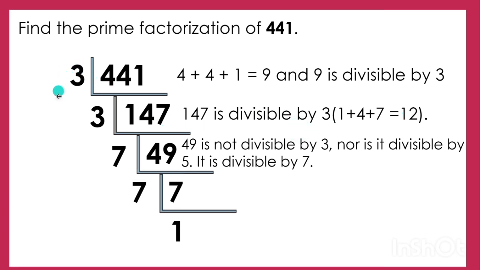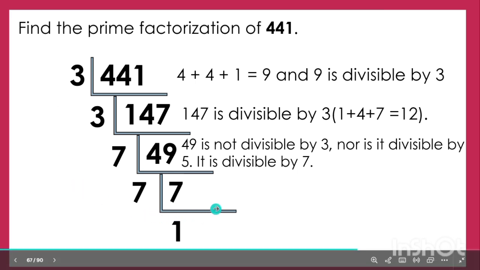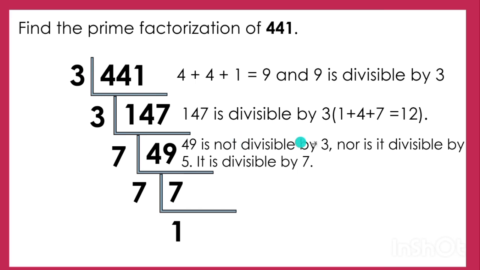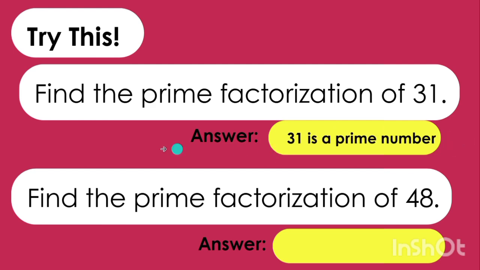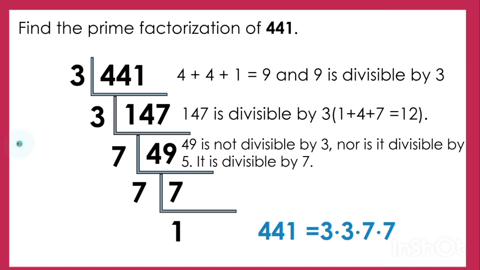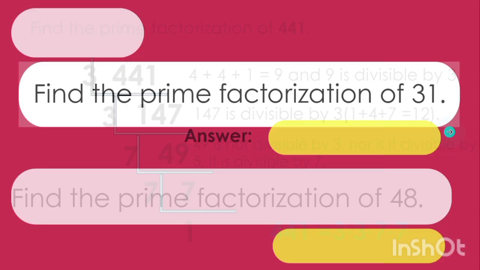So this is called prime factorization. We will have 3 times 3 times 7 times 7. Okay, try this in your notebooks.